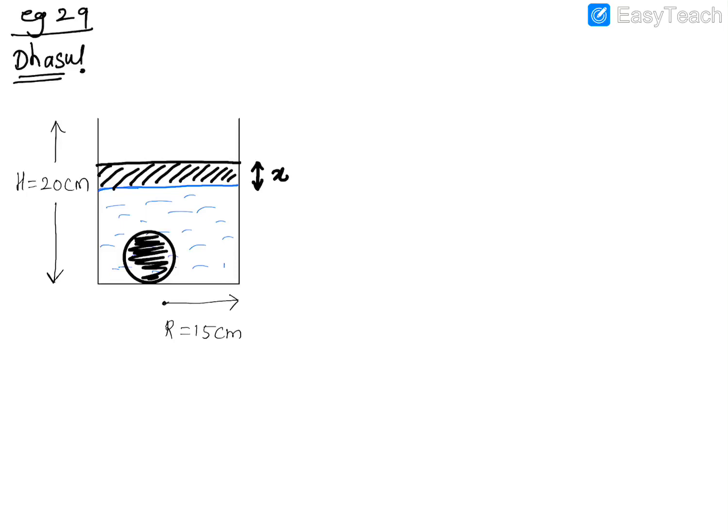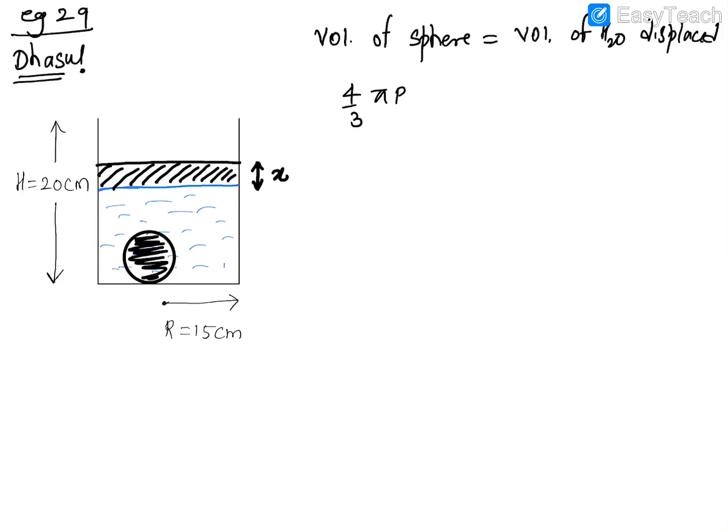Now see, what's the concept out here? So we can say first that the volume of sphere is equal to volume of water which is displaced. Now what is the volume of the sphere? It will be equal to 4 upon 3 pi r cube.